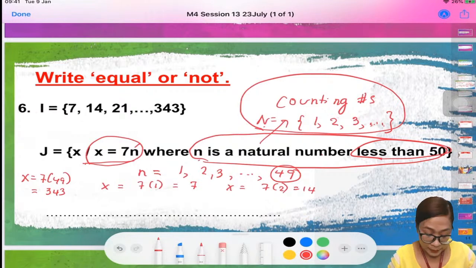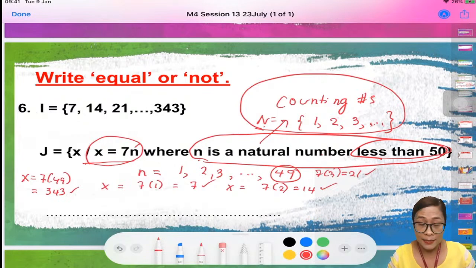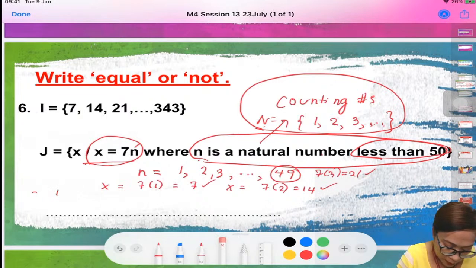So we have 7 as an element of set J, 14, and 7 times 3 is equal to 21, also 21, and 343. Correct? So let me erase all of it. All of it are considered correct.